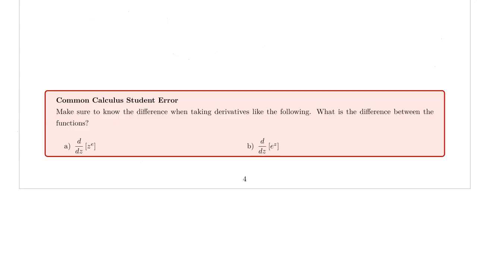Finally, I just wanted to highlight a common calculus student error. Make sure to know the difference when taking derivatives like the following. What is the difference between the functions? So here we are taking the derivative with respect to z of z to the power of e.